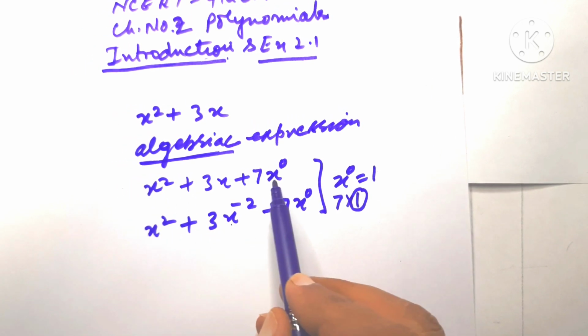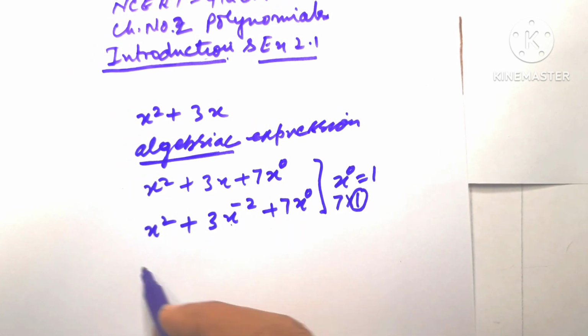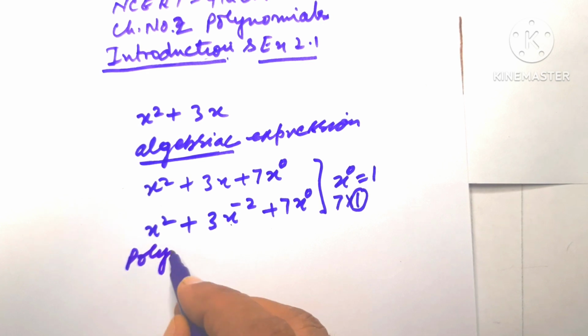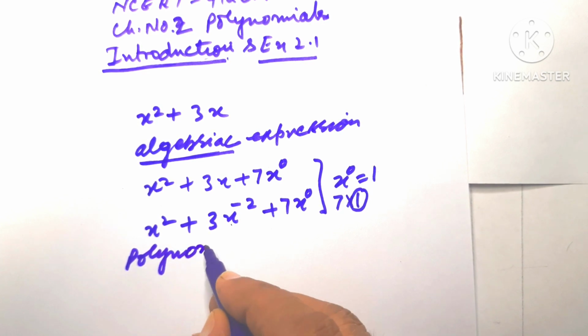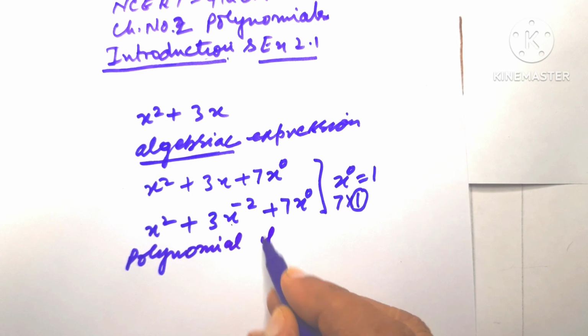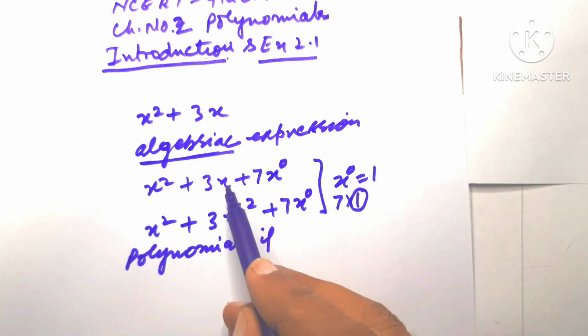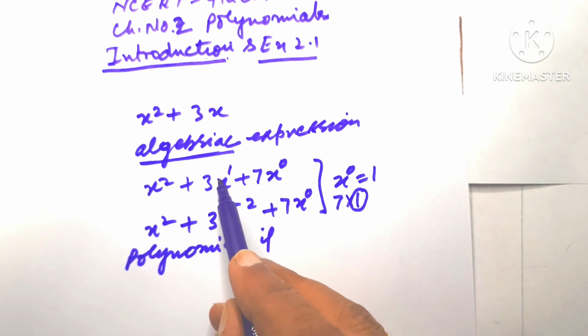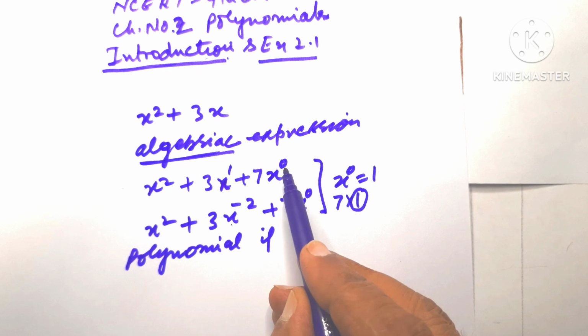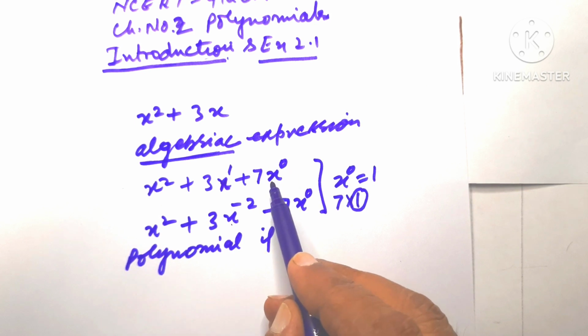These expressions will be called polynomials if the exponent of the variable is right. Here 2 is the exponent of this x, 1 is the exponent of this x, and 0 is the exponent of this x.